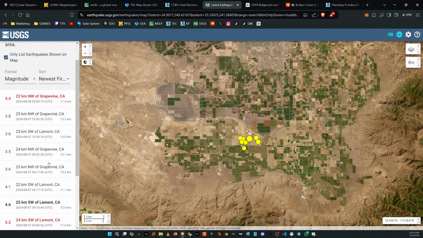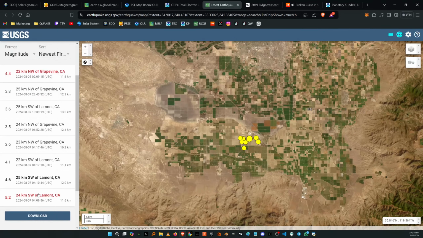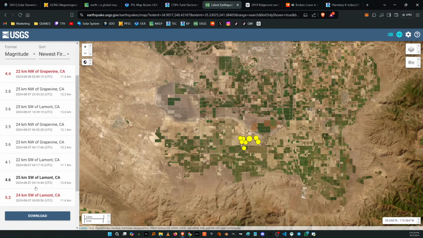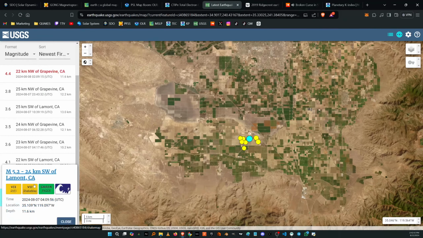Is it as concerning as the Ridgecrest earthquakes? No, not by much. We had this 5.2, and then if you look, because this is in order by time, so the newest ones are on top, the oldest ones, they were getting smaller and smaller.